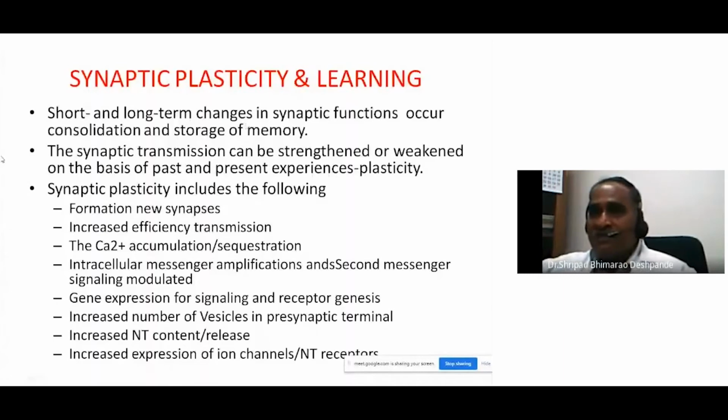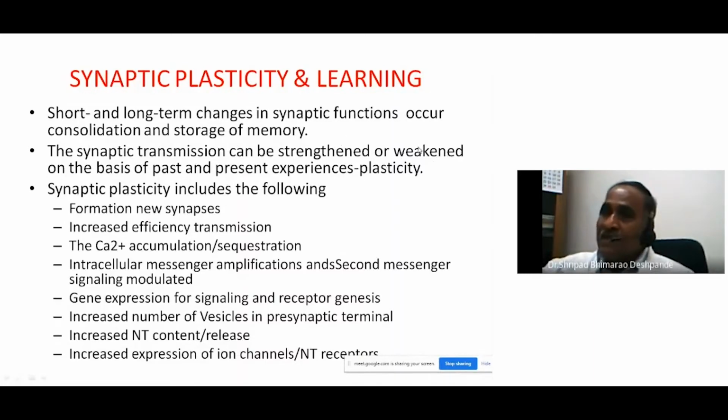So now, there are short-term and long-term changes in synaptic function associated with memory, especially in terms of storage and consolidation. That means encoding, consolidation, and storage require synaptic plasticity. What is synaptic plasticity? The synaptic transmission is strengthened, it becomes powerful, it becomes sensitized.